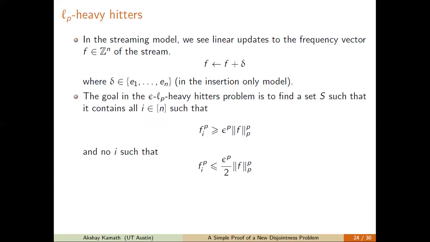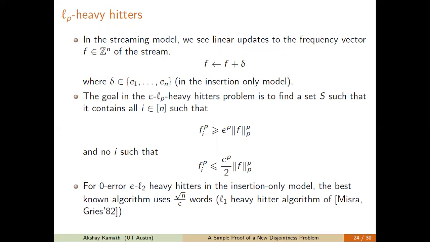The goal in the epsilon LP heavy hitters problem is to find a set S such that it contains all the elements whose frequency is epsilon times the p norm of the frequency vector, and no element whose frequency is much smaller than the p norm of the frequency vector times epsilon over 2 to the 1 over p.